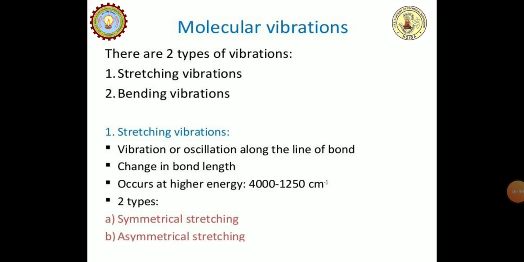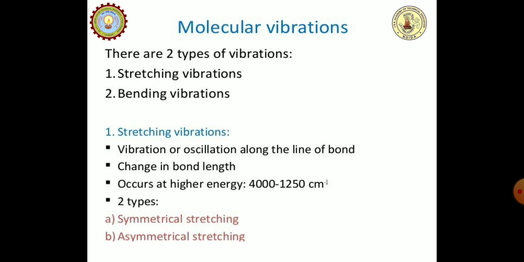In molecular vibration, importantly, there are two types of vibration. One is stretching vibration, the second is bending vibration. Stretching and bending vibrations take place in molecules or organic compounds that are infrared active, meaning the molecule must undergo a change in its dipole moment when vibrating.